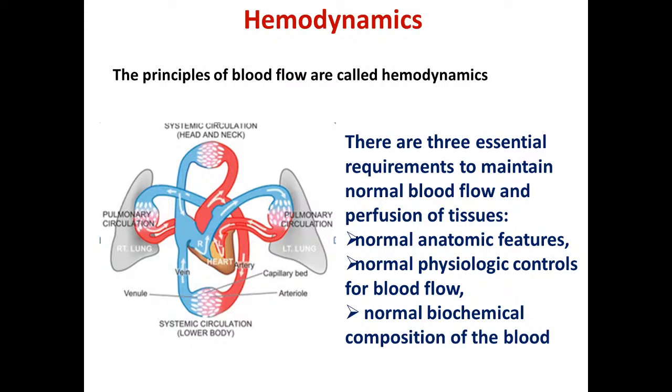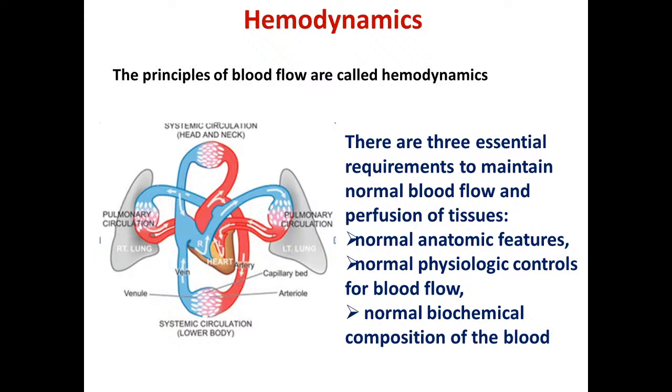Normal circulatory function requires uninterrupted flow of blood from the left ventricle to the systemic capillaries in the body, return of blood from the systemic capillary network into the right ventricle, and from the right ventricle to the pulmonary capillaries and back to the left atrium.